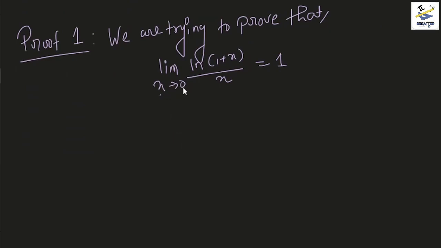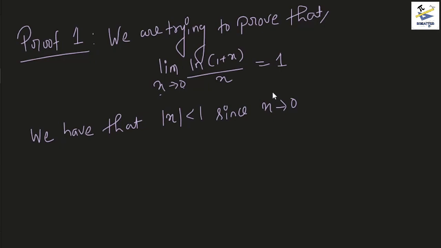Well, first of all, x tends to 0, so this obviously means that mod x is less than 1, since x tends to 0, so x is in the close neighborhood of 0, right?